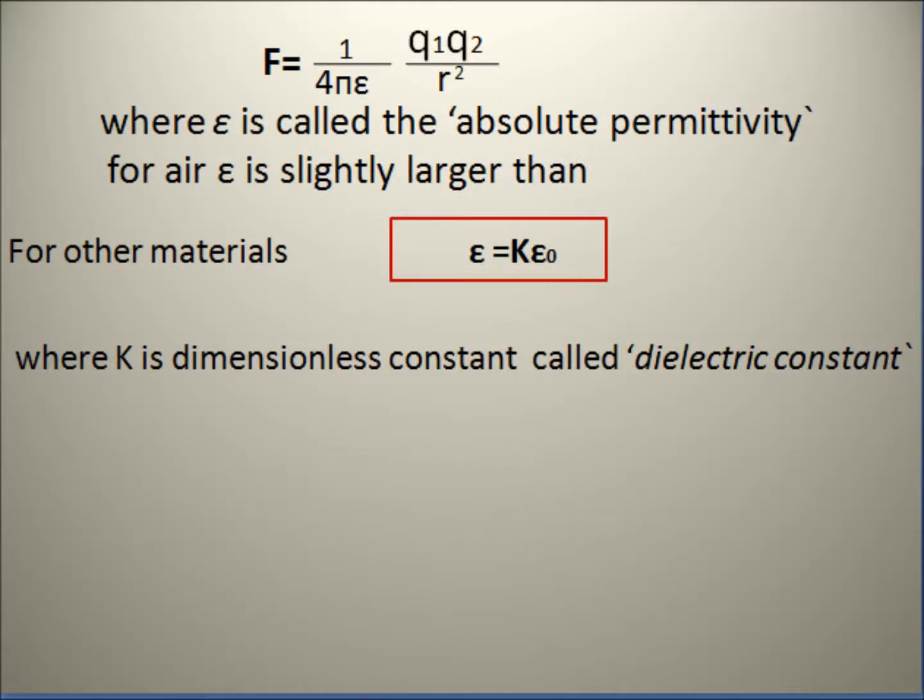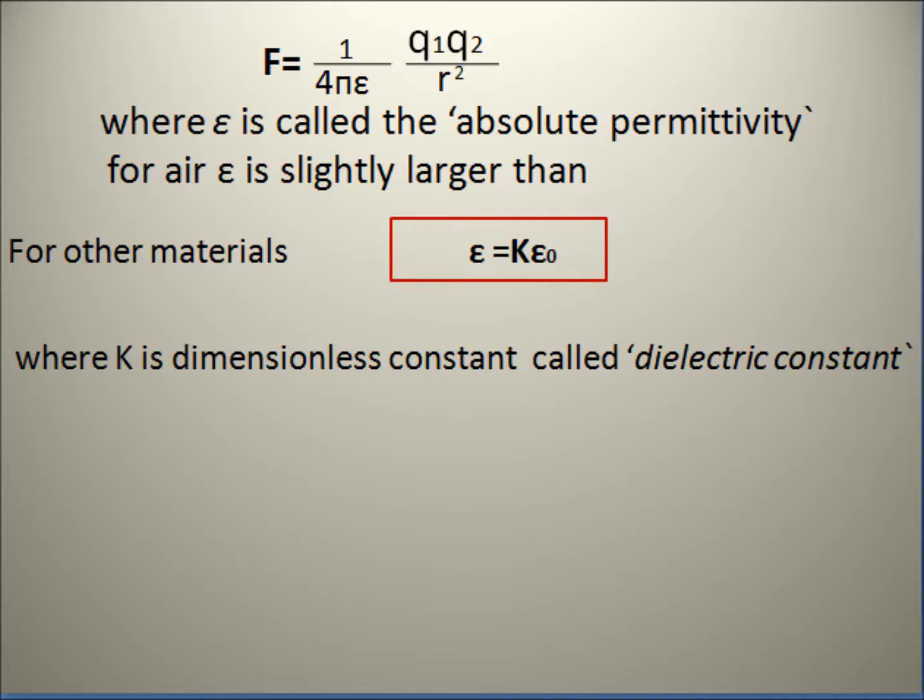But when the surrounding medium is some material and not vacuum, like glass, wax, paper, anything in which the charges are being attracted or repelled, then equation 2 becomes F is equal to 1 upon 4 pi epsilon times q1 q2 upon r squared.